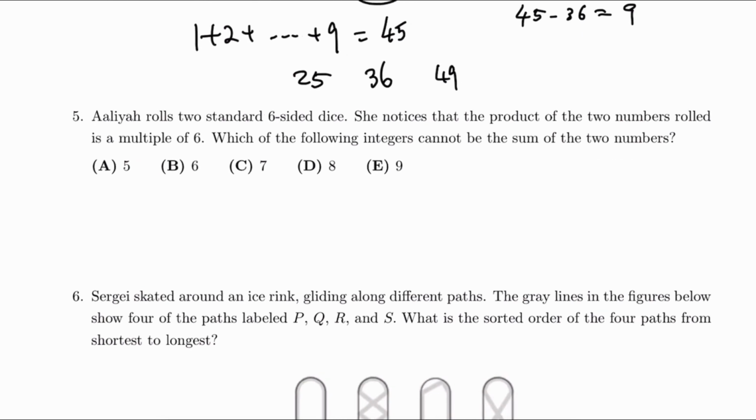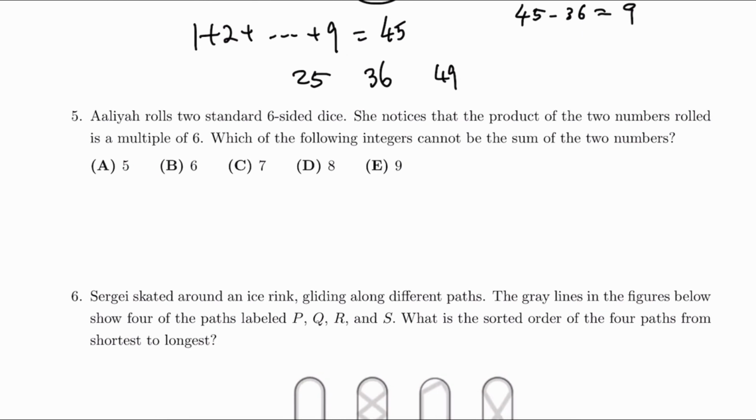Number 5 says, Alia rolls 2 standard 6-sided dice. She notices that the product of the two numbers rolled is a multiple of 6. Which of the following integers cannot be the sum of the two numbers?